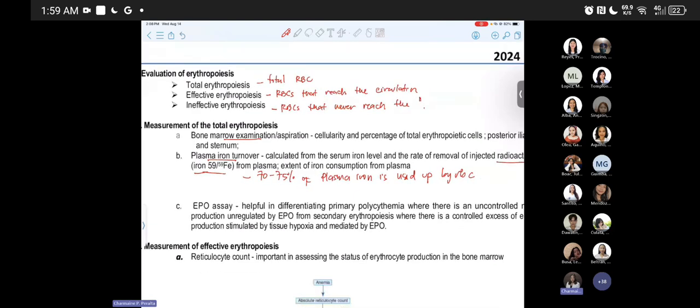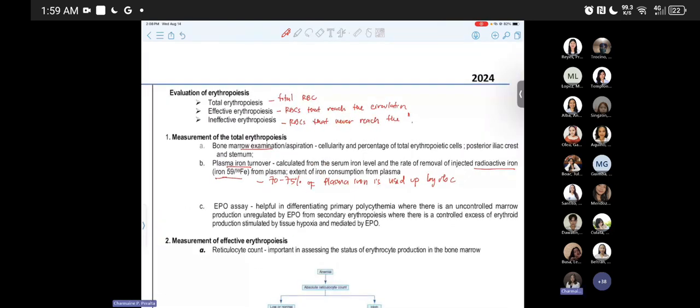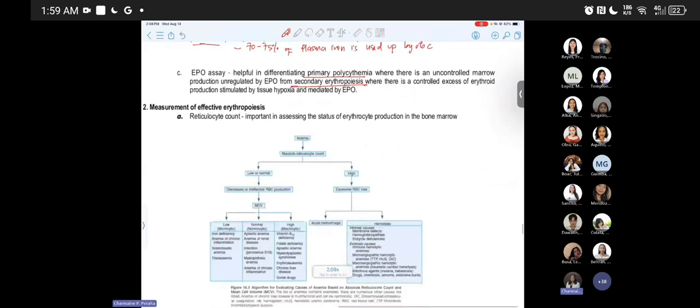Then we have the erythropoietin assay to differentiate primary polycythemia from secondary erythropoiesis. Then we have the measurement of effective erythropoiesis. So number 1 dyan, ang reticulocyte count. Ang reticulocyte count ay ginagamit to assess the status of bone marrow pertaining to erythrocyte production.